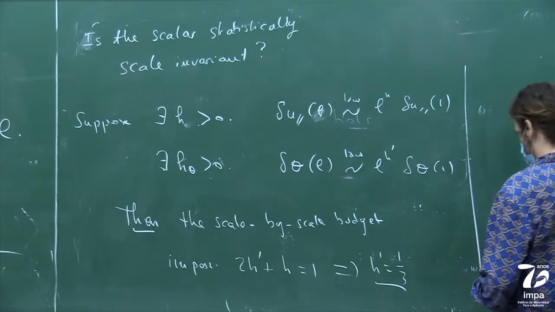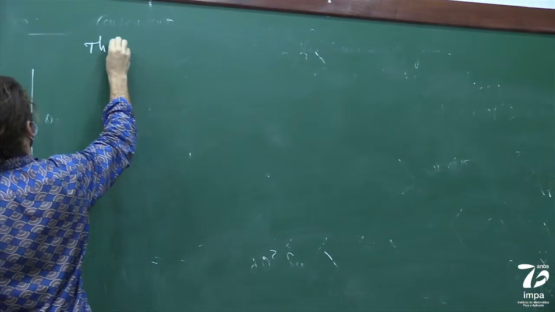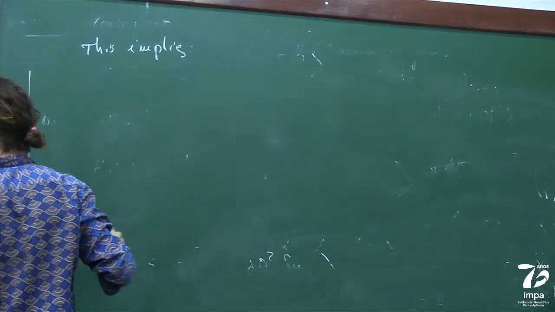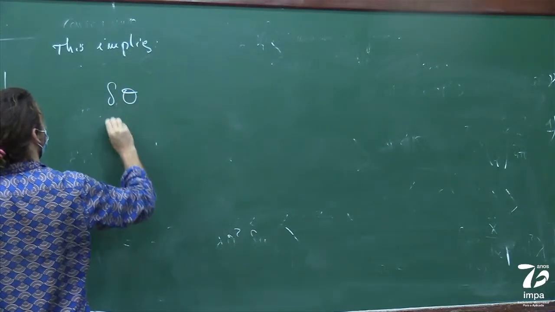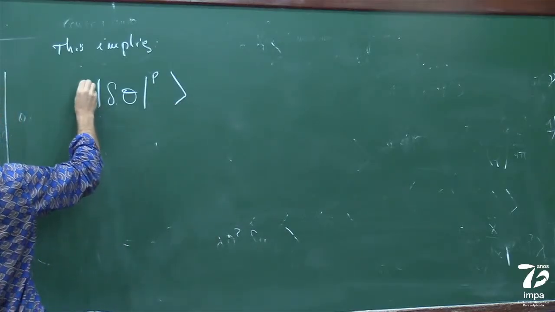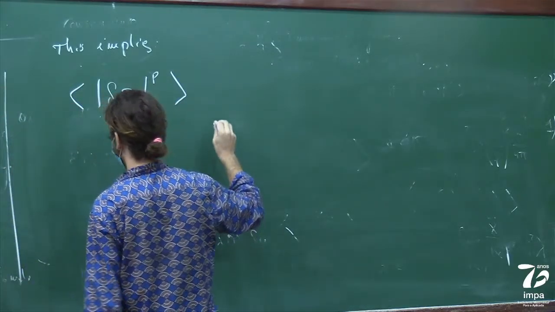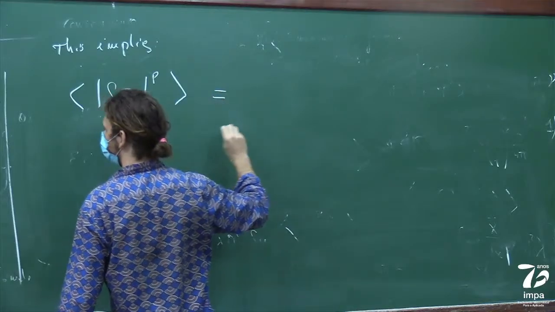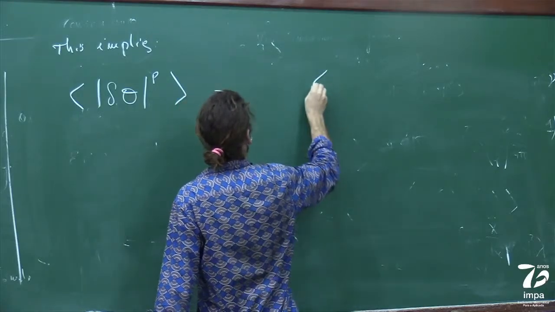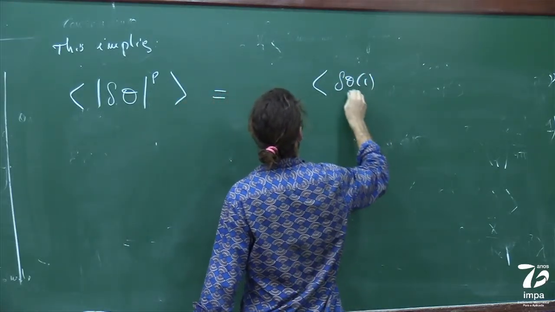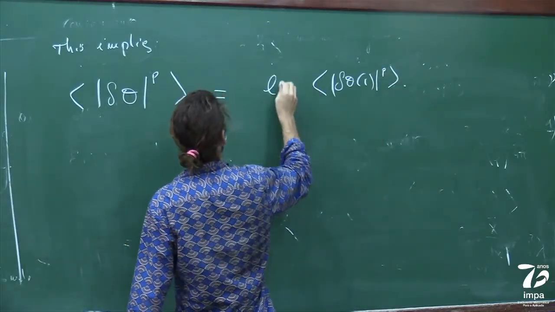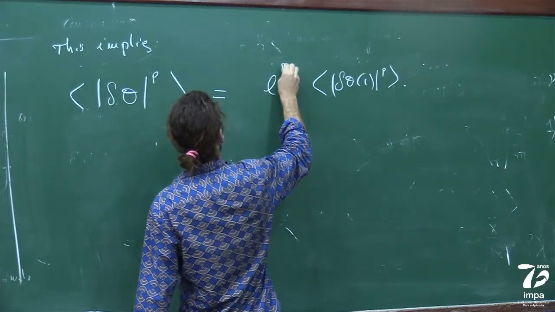This implies that the average of delta theta to the power p behaves as delta theta at 1 to the power p times L to the power p over 3.